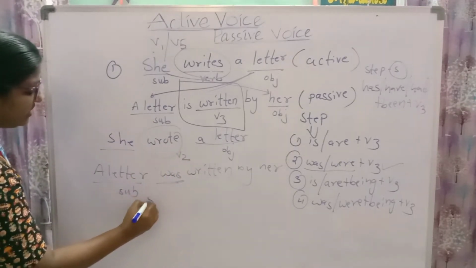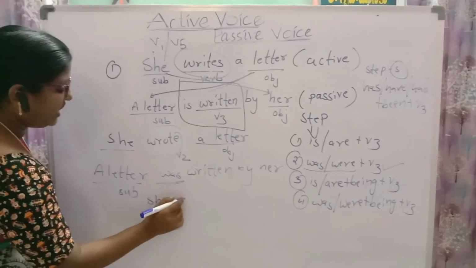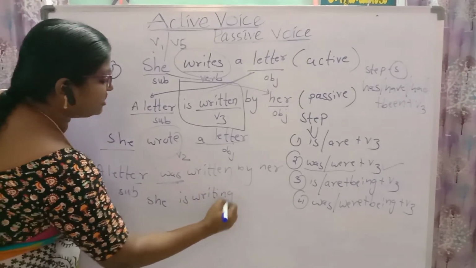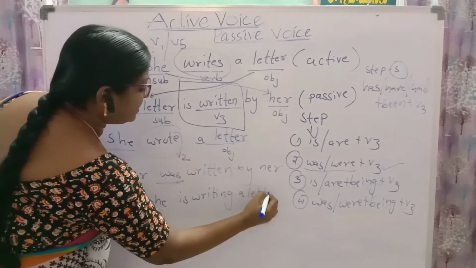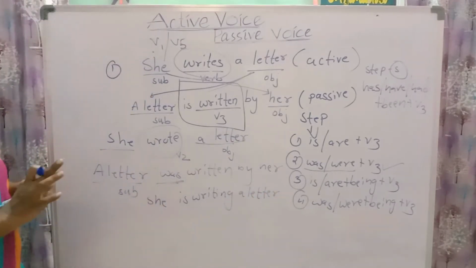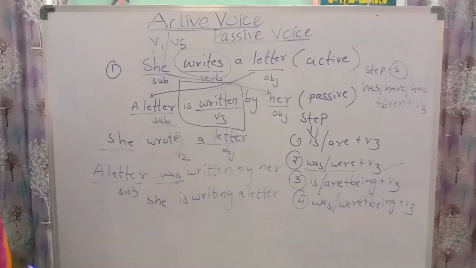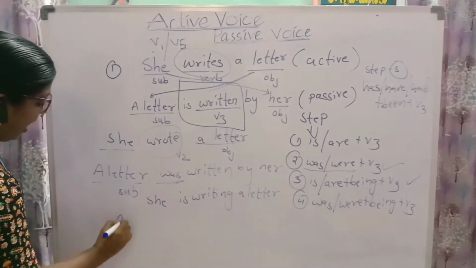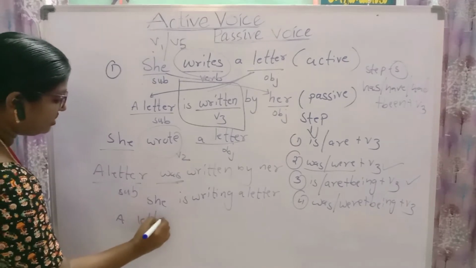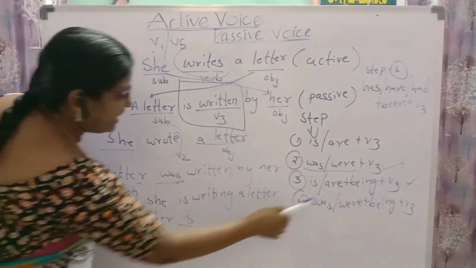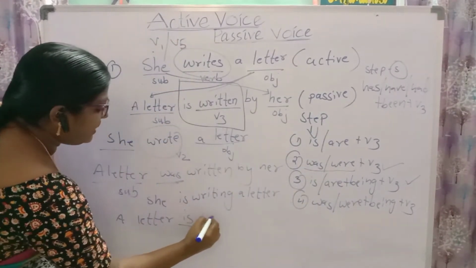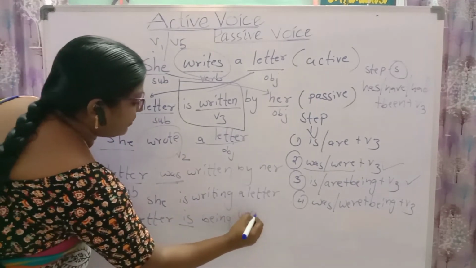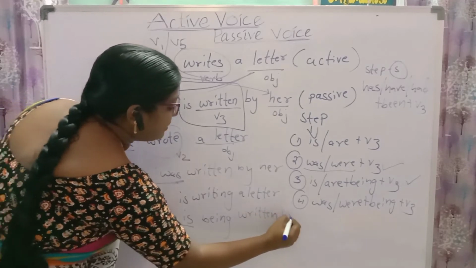In the same way, if the sentence is in present continuous tense, she is writing a letter, then we have to follow the third step. A letter is, then after that we have to take being. A letter is being written by her.